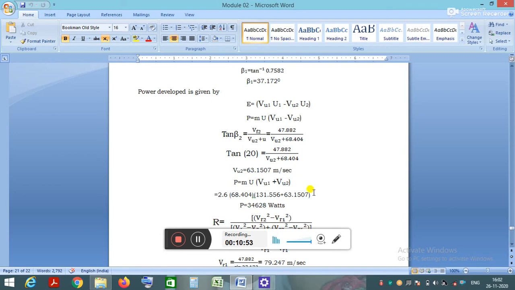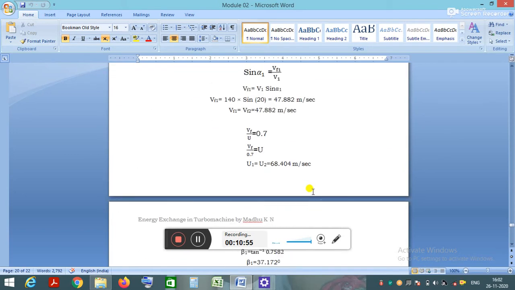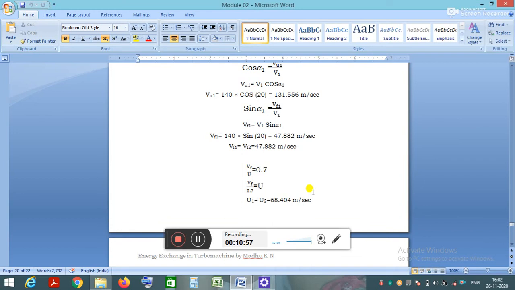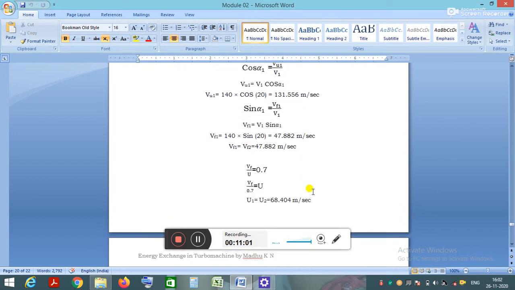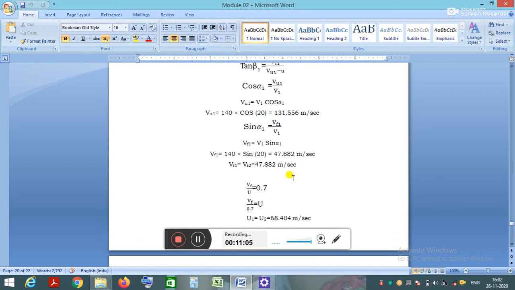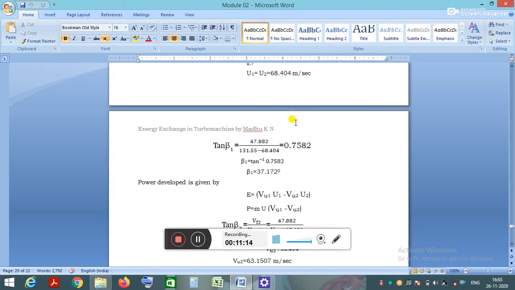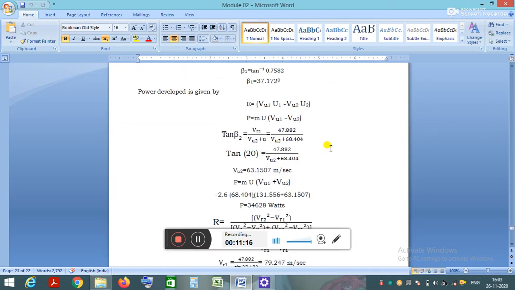We already found V suffix U1 as 131.556 meters per second. We need to find V suffix U2.